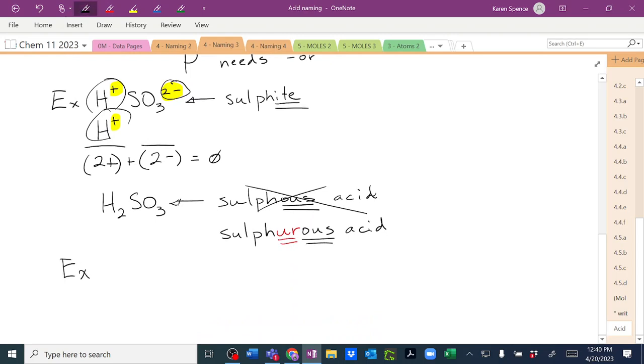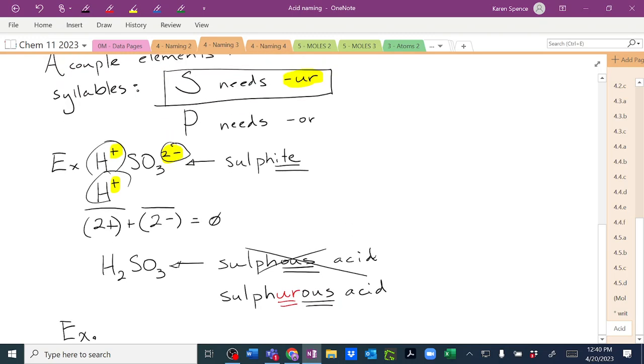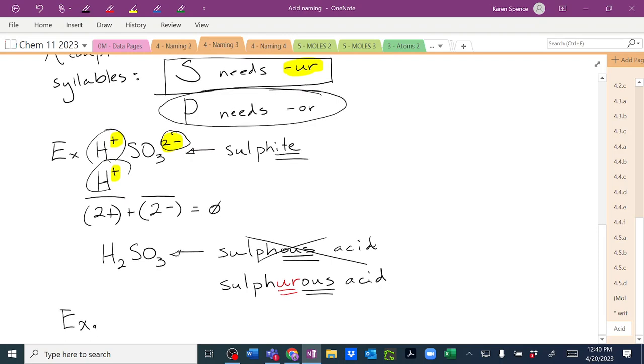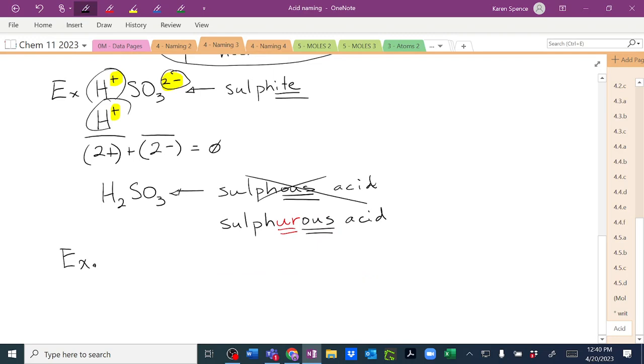And it's not just sulfur that is one of the exceptions, it's also phosphorus, which needs an or. So let's look at the phosphite ion. PO3, 3 minus is phosphite. What ion do we have to add to make it an acid? H plus, so we need to have some H pluses to go with it.